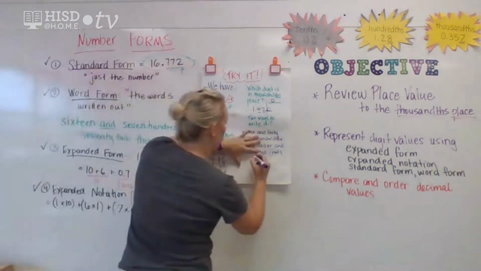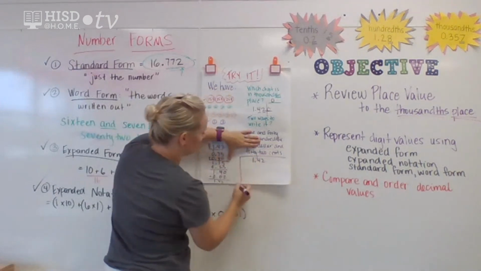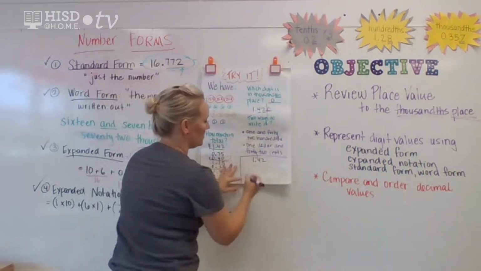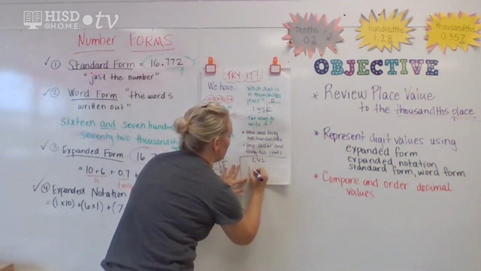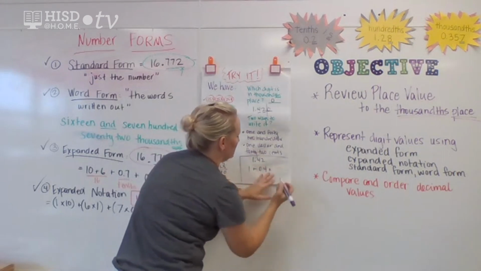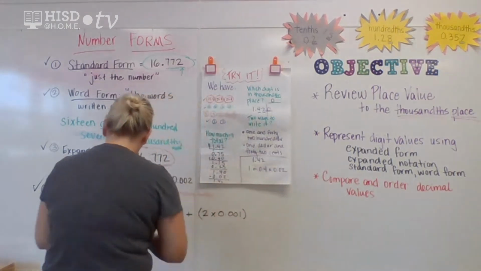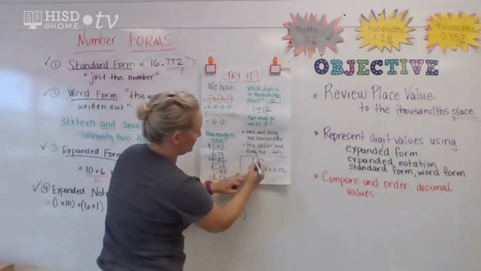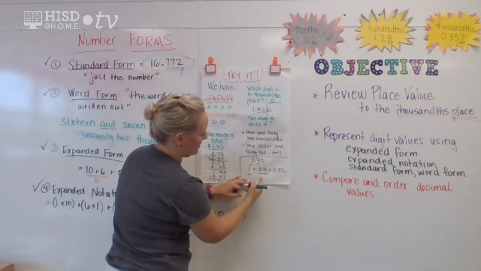So if I have 1 and 42 hundredths, only focus on this little square now. So let's write it in an expanded form. We would say 1 plus 0.4 plus 0.02. See, I simply just expanded it out. I took the 1 and I put it here. I took the 4 tenths and I put it here.